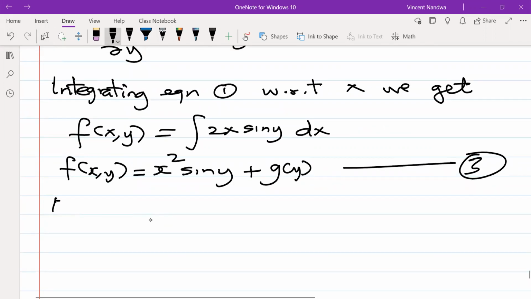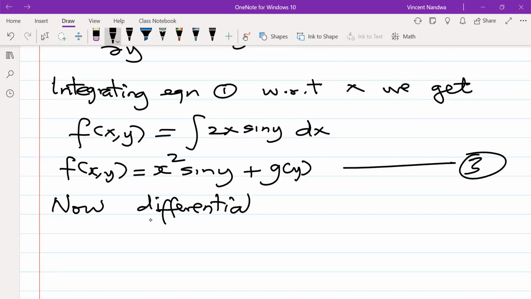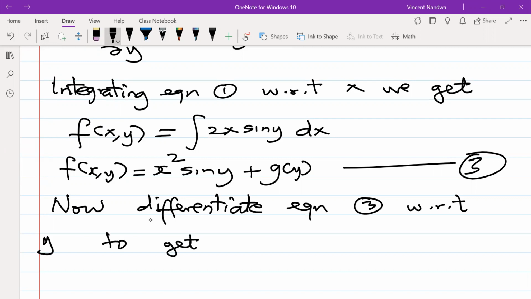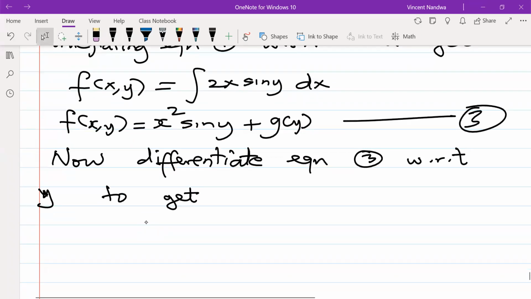Now, again, differentiate this new function, this time round with respect to y, to get partial f partial y.